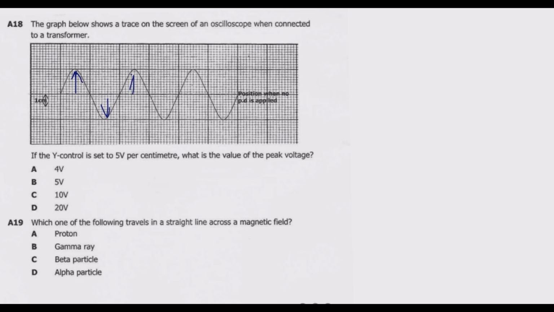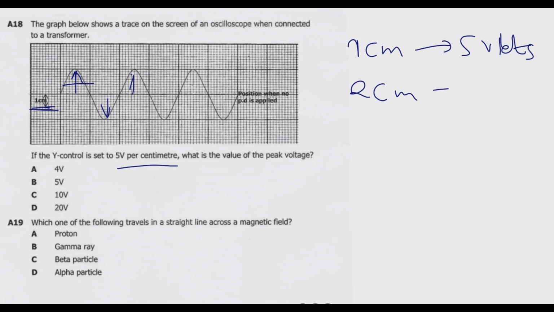So we know that for every centimeter we have 5 volts, and at this point this is the halfway. So each one is 2 centimeters. If 1 centimeter is equal to 5 volts, as you can see from here, we are given the halfway, then this is 2 centimeters. 2 centimeters is equal to what?